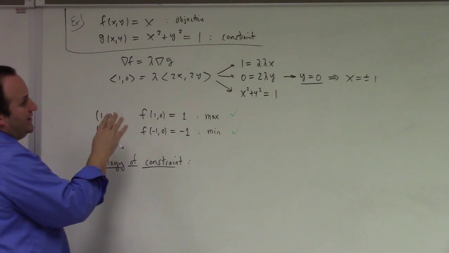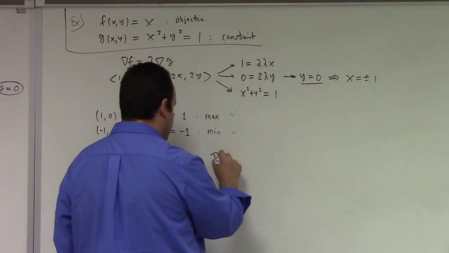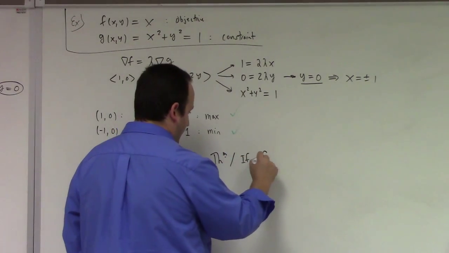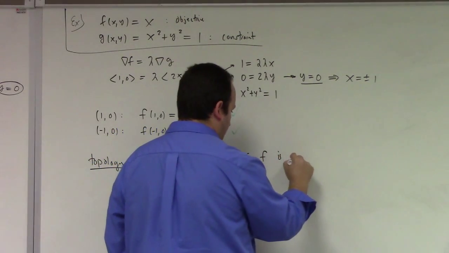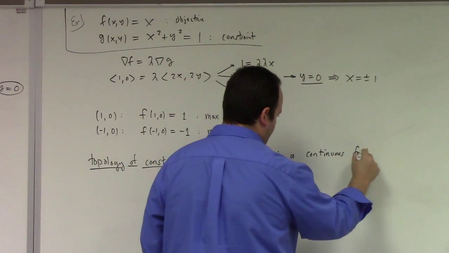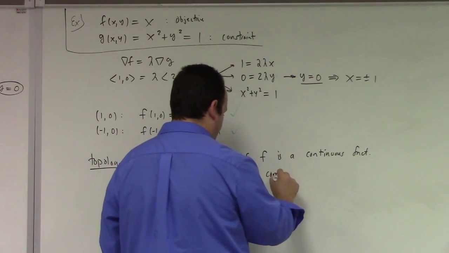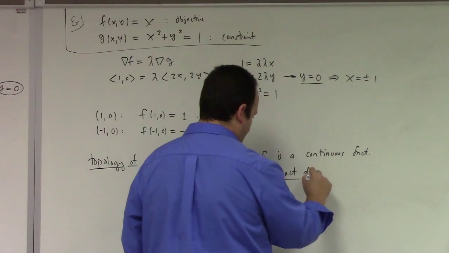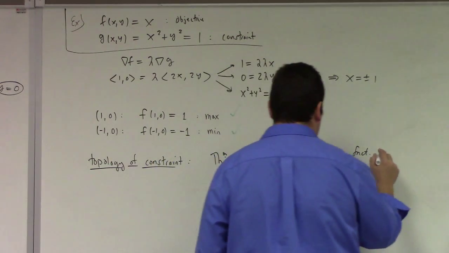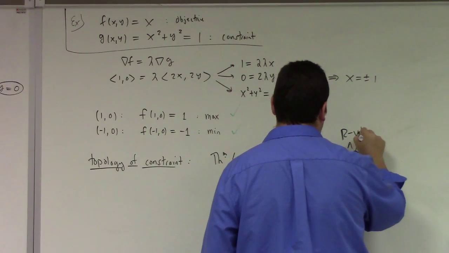Now here, the constraint was a circle, right? Is a circle closed and bounded? Well, yeah, it is. And there's a theorem, and the theorem says this. If f is a continuous function from a compact domain, and I should be clear, it's a continuous real valued function, okay?